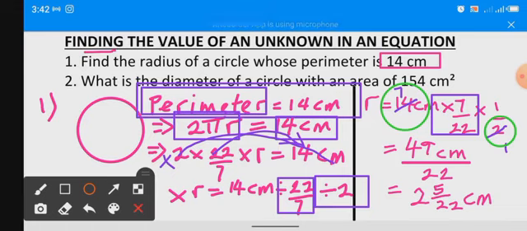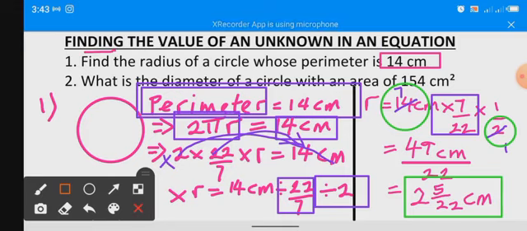How many 22 would you find in 49? That is 2, which is 44, remainder 5. So 2 remainder 5 over 22. That's how we come about this. So this is the radius.